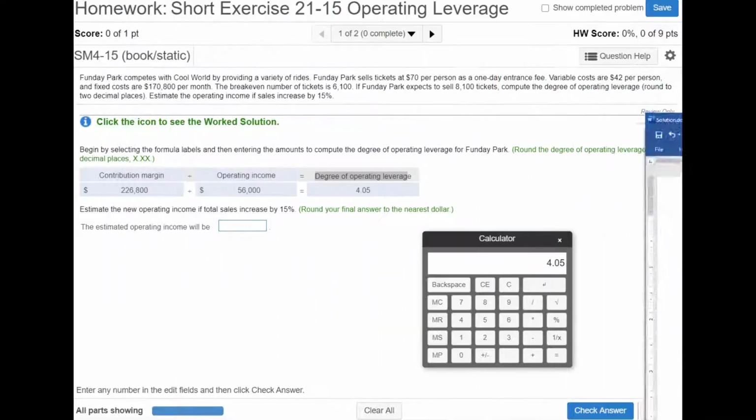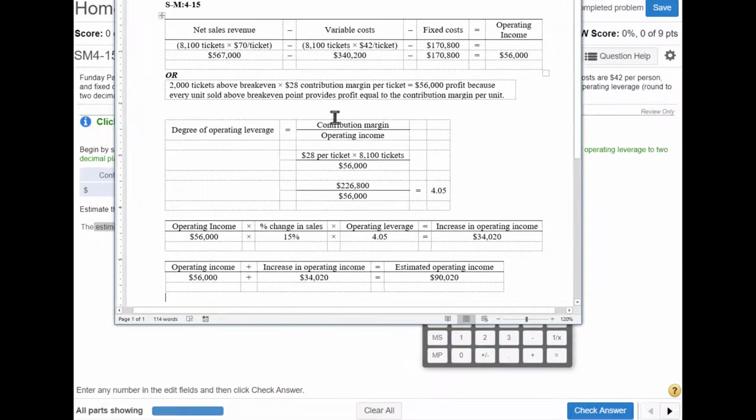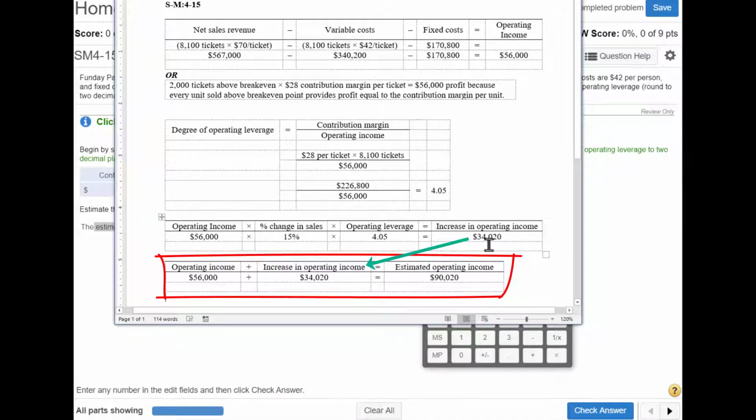Remember, what we're trying to figure out is the estimated operating income, not just the change. To calculate that, we take this increase in operating income, add it to our operating income, which again comes from here, and that gives us an estimated operating income of $90,020. So now I can plug this 90,000 in.